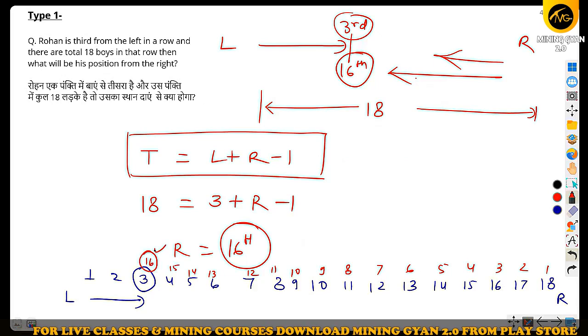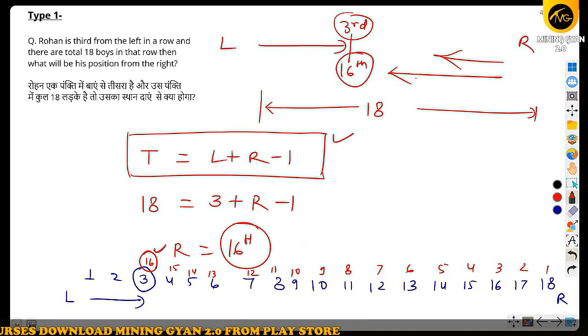So this is the 16th position from the right hand side and third from the left hand side. If one side position is given, then you can calculate the other side direction using this formula.